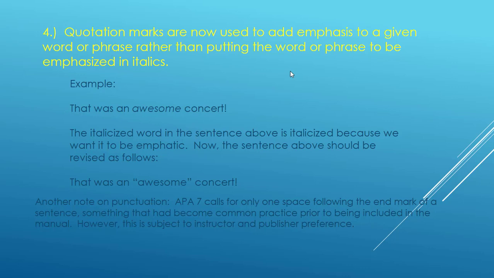However, you'll see at the last of this little note, this is completely subject to what the instructor or the publisher prefers. So if you don't mind if students have 2 spaces after their period, that's okay. You just need to make that clear to your students.